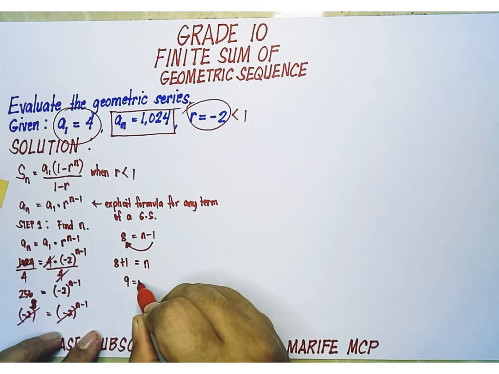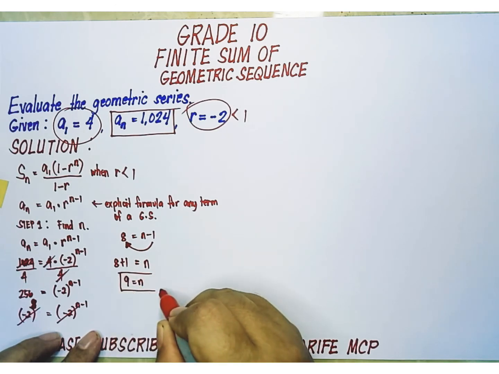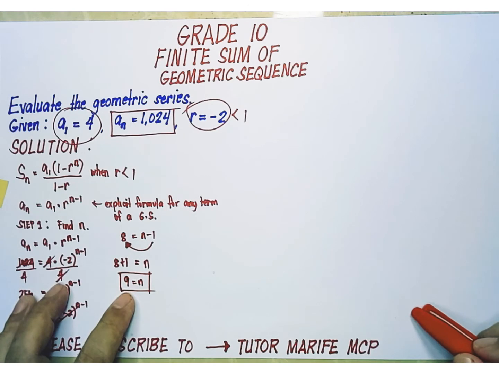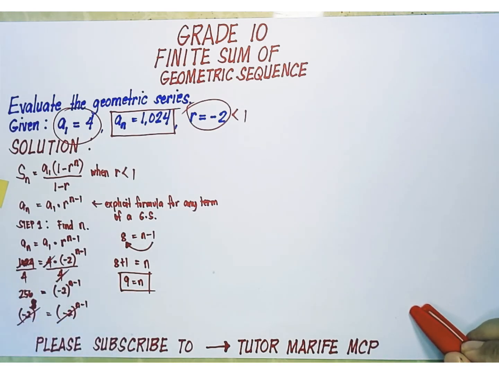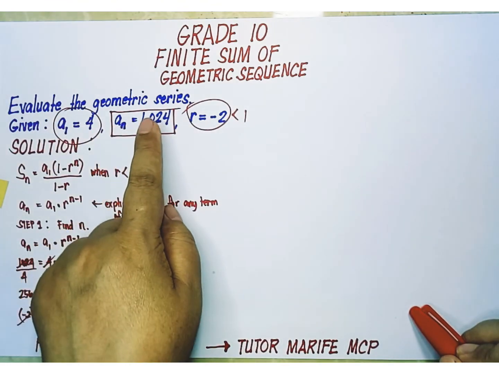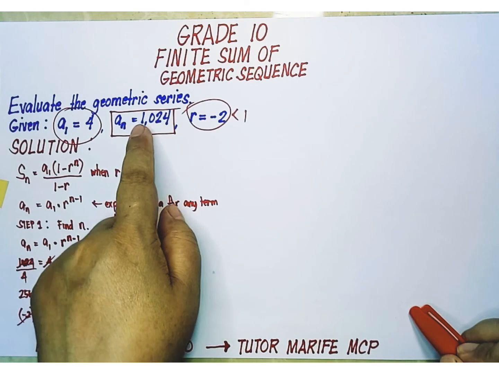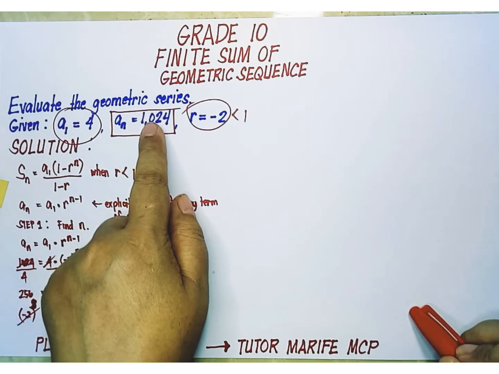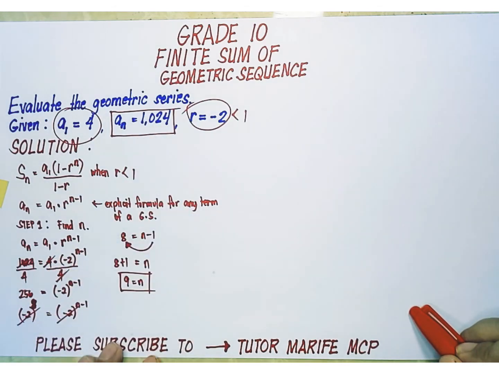So, n is equal to 9. If n is equal to 9, that means we are adding up 9 terms of this geometric sequence. And your a sub n, this 1024 is actually the 9th term of the geometric sequence. Okay? So, na-solve na natin yung hidden problem.